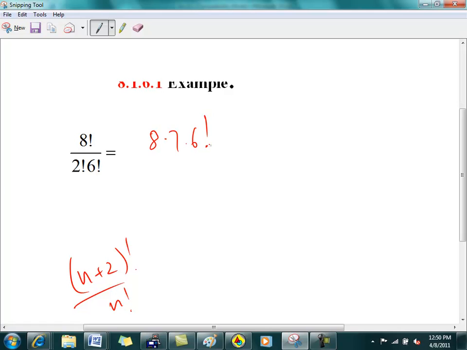Then what's 2 factorial equal to? 2 times 1 is 2. And then I have a 6 factorial as well. Well, the 6 factorials cancel. There was no need for me to go all the way down to 1. And so the 2 and the 8 cancel to give me a 28.